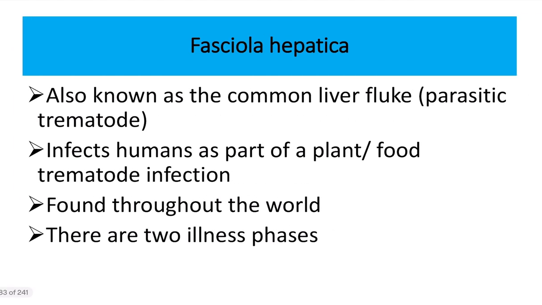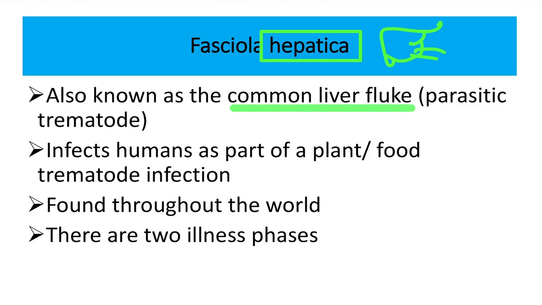So first of all, let's see Fasciola hepatica. What do you mean by hepatica? Hepatica means the liver, the common bile duct and other ducts. It is also known as the common liver fluke. So the liver fluke or helminth which causes infection in the liver is Fasciola hepatica.